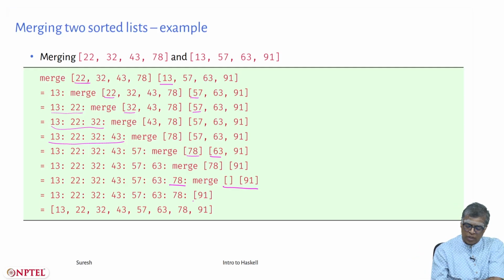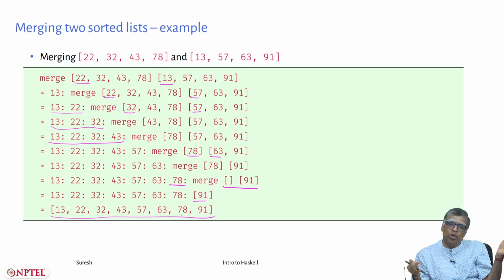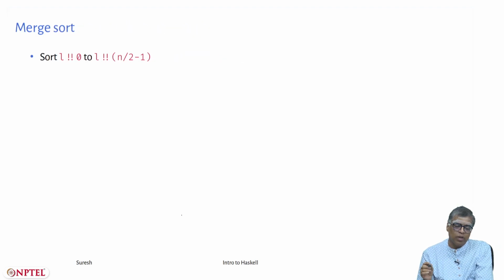Finally your list is 13, 22, 32, 43, 57, 63, 78, 91, and as you can see, this is sorted. So you have two sorted lists, and you are able to merge them and create a single sorted list consisting of elements that belong to either this list or that list.